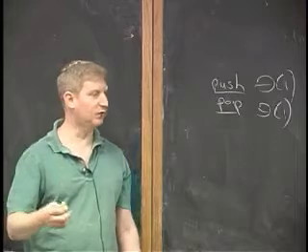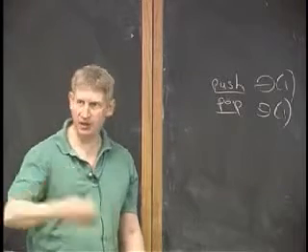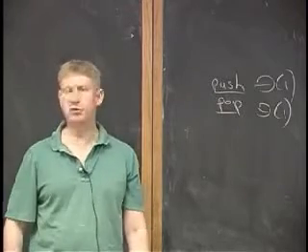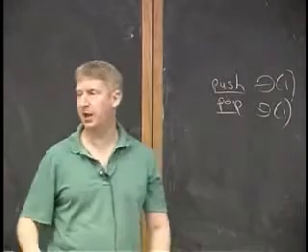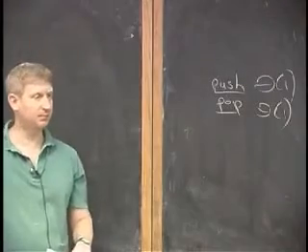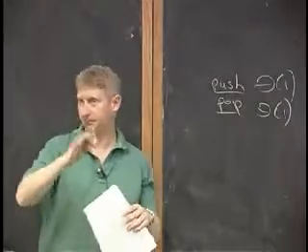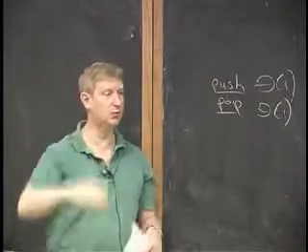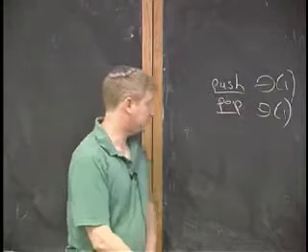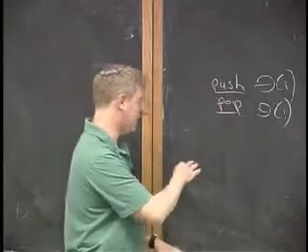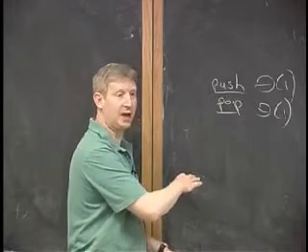And when you push into a full stack, what it does is give you some more space. Now it's an array, so it's going to have to allocate a bunch of space, and it's going to have to use some time to do that. So here's one method of doing that. I've got 10 spaces right now that the compiler gave me.